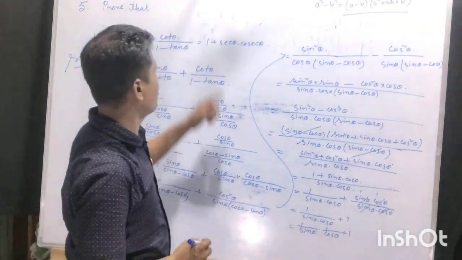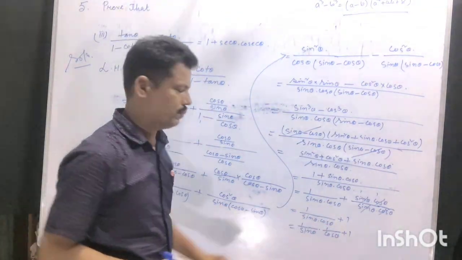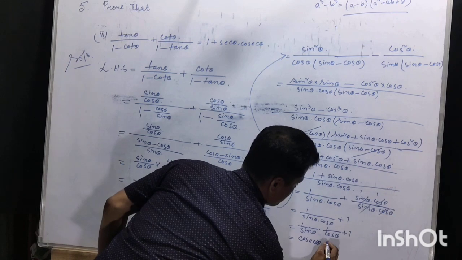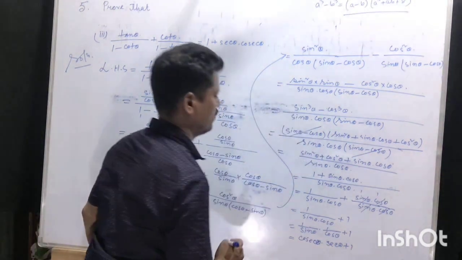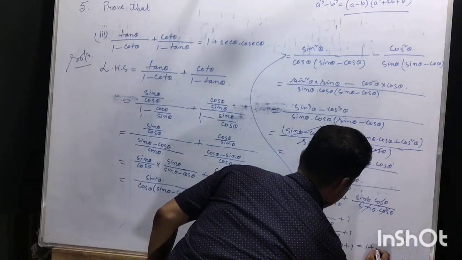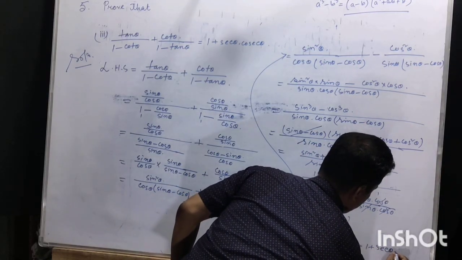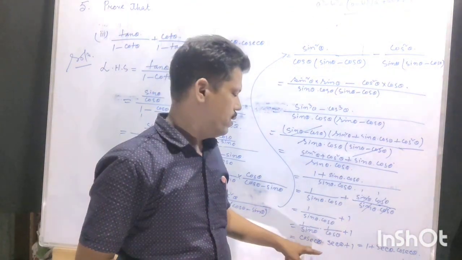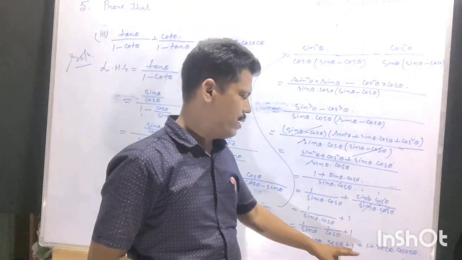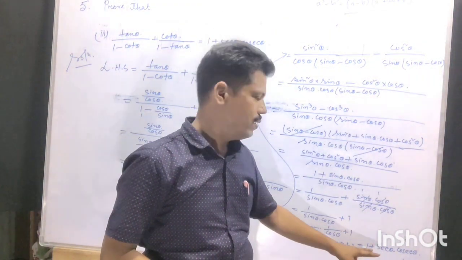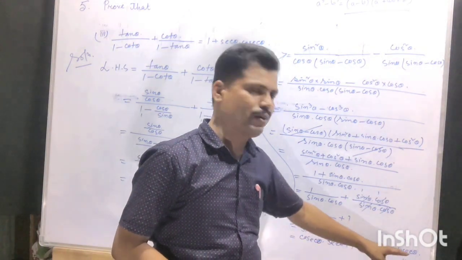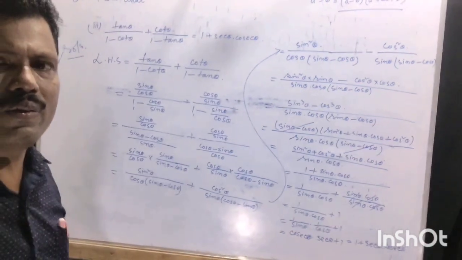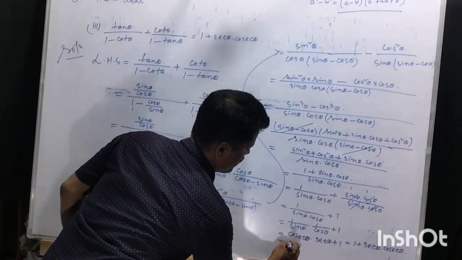So 1 can be written first, no problem. So cosec theta into sec theta plus 1, we can write as 1 plus sec theta into cosec theta, because we know sec theta into cosec theta is the same as cosec theta into sec theta. So this one is the right hand side.